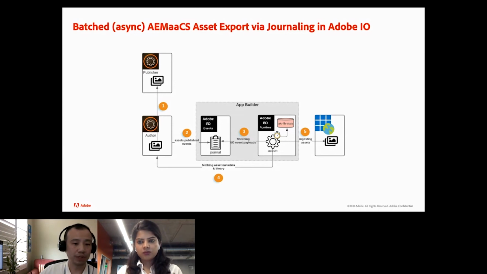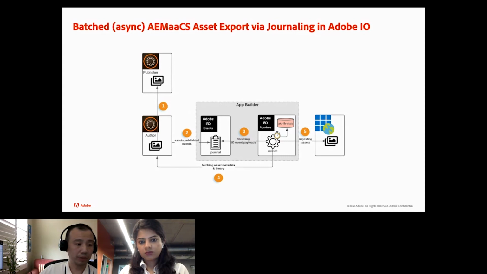Compared to a webhook, which is a real-time event push model, where whenever the AEM event is emitted it is pushed into the webhook, journaling is more of a pull model, where it is up to you how to consume those events from the journal.